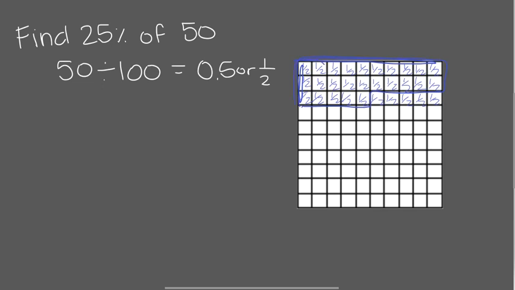And then, every 2 would make 1 whole. So we've got 1, 2, 3, 4, 5, 6, 7, 8, 9, 10, 11, 12.5.